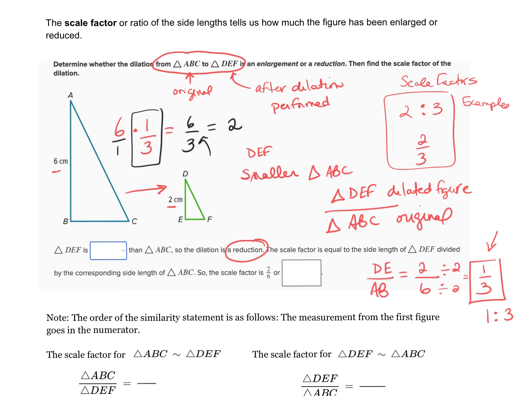So I know it's very easy to assume that when the dilation is a reduction, we're dividing. And that is true to a point. But on a test, it's going to ask you what the scale factor is.